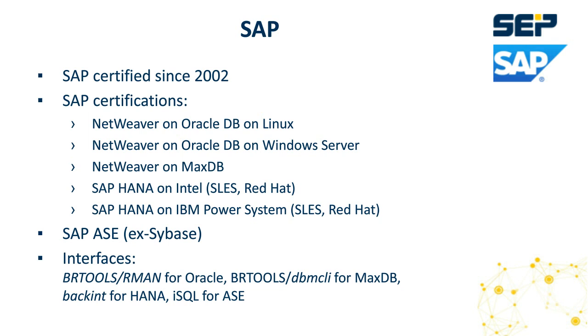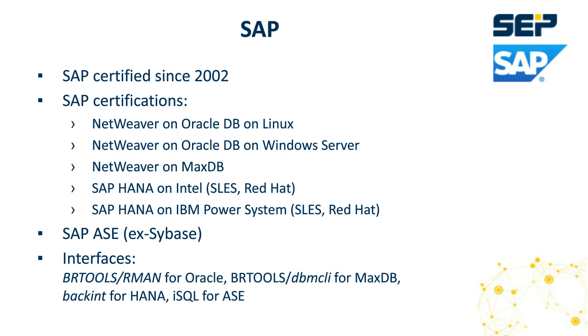And 1.5 years ago, we also integrated our SAP ASE. It's formerly known as the Sybase database module, which is normally also offered as an additional database when you work with S4 HANA environments. Therefore, we used the common interfaces.